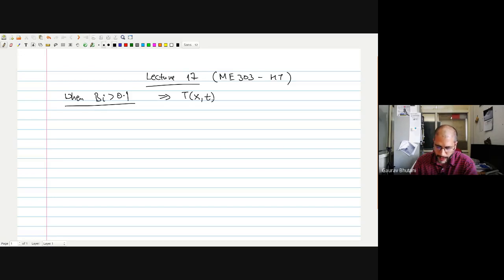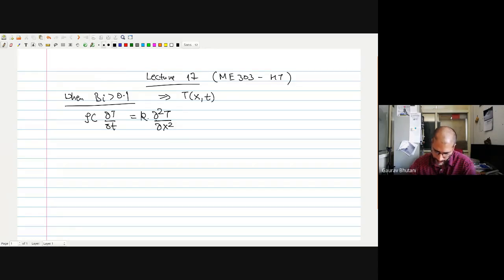Now, in this case, we can use the heat conduction equation, unlike last time where there was no spatial effect at all. So we wrote the equation: ρC times del T by del t is K times del squared T by del x squared.